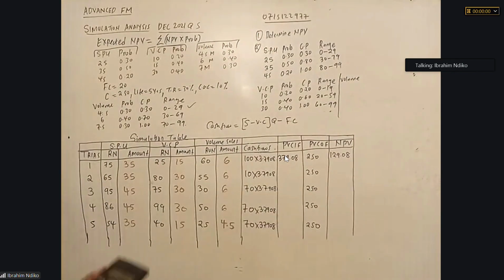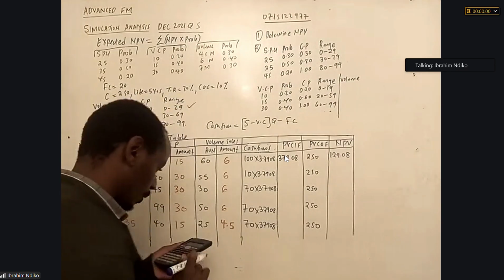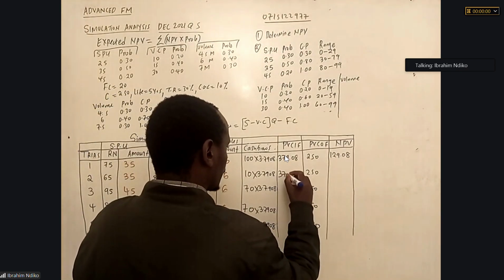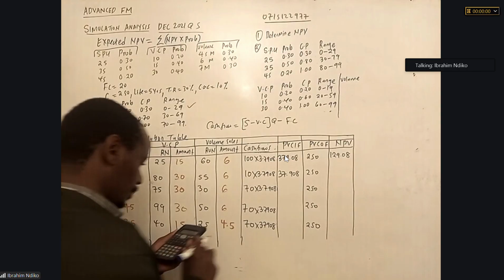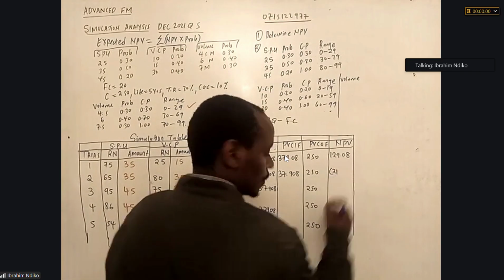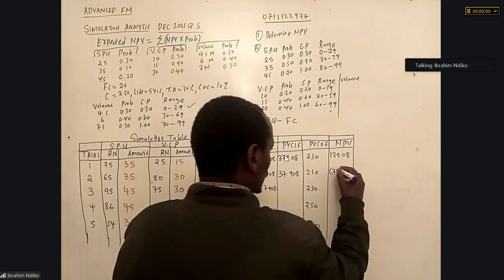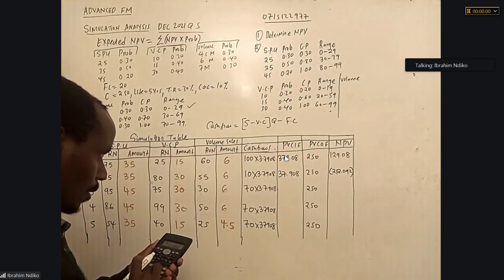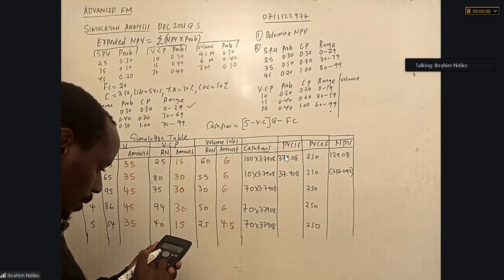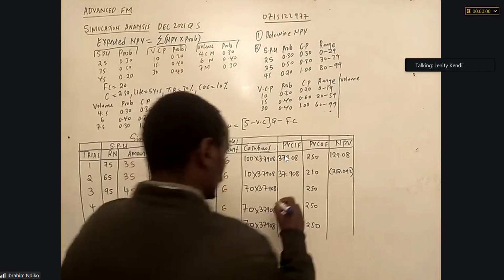Kwa sababu hapo 10 times 3.7908 is 37.908. Then minus 250 itakuwa minus 212.092. Then 70 times 3.7908.